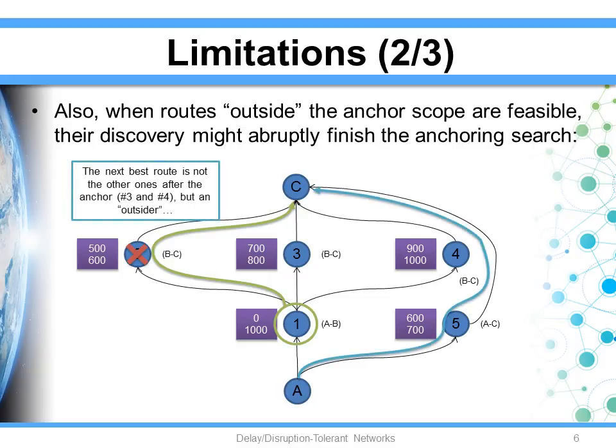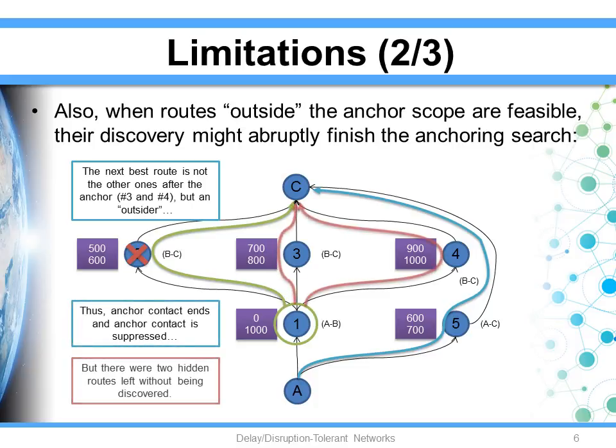However, the second search finds that there is a route with a best delivery time of 600, which is the next best route in this case. Since the route is not going through the anchor contact, the anchoring strategy ends, and the anchor contact is then removed or suppressed from the contact graph, and there remain 2 routes that were not found with the anchor strategy.